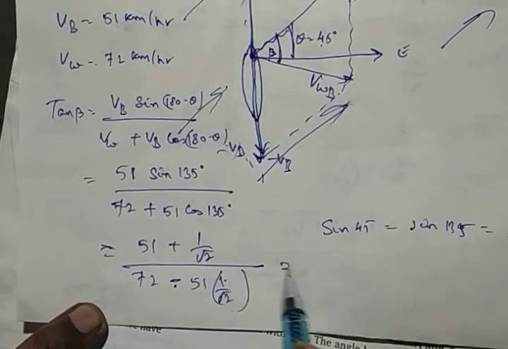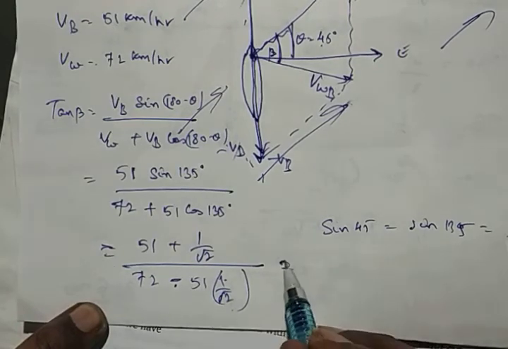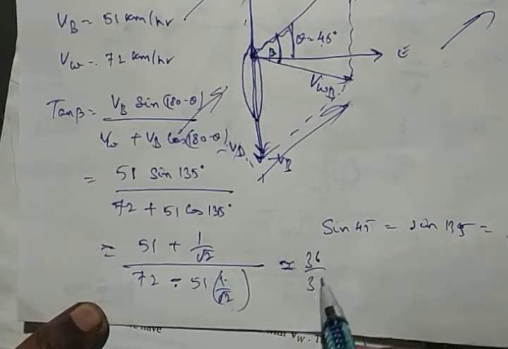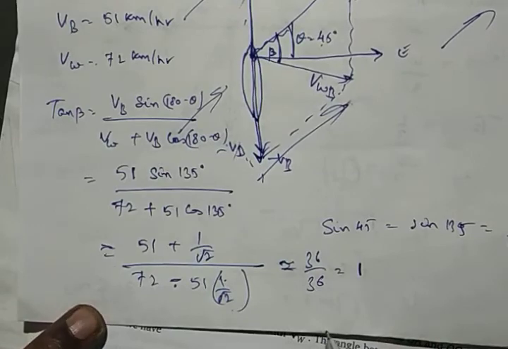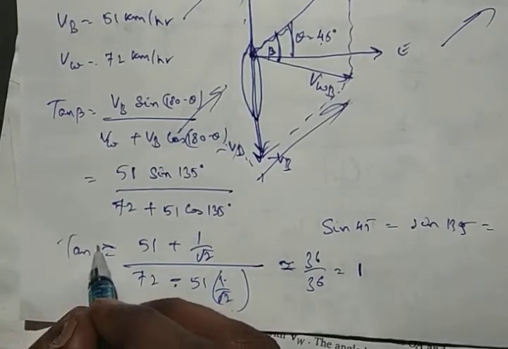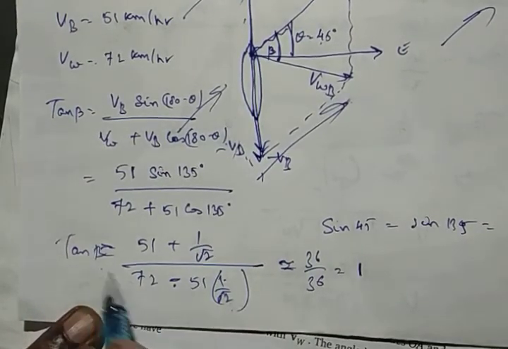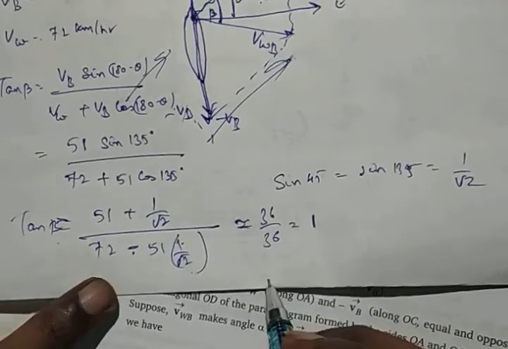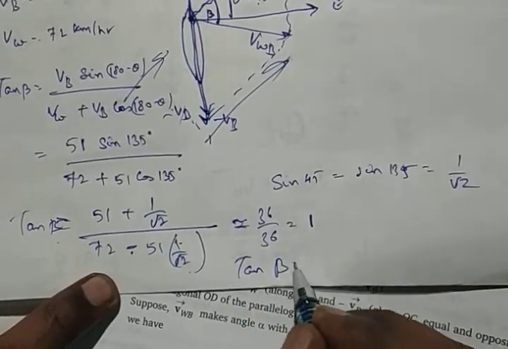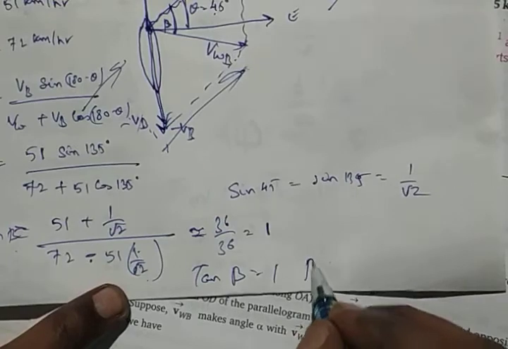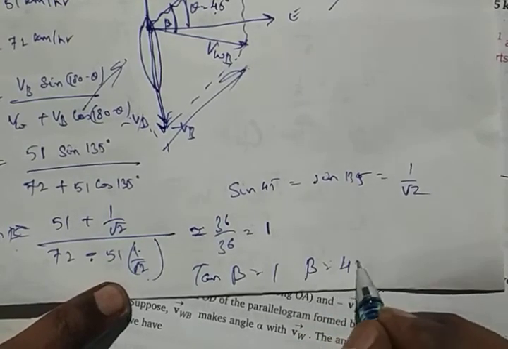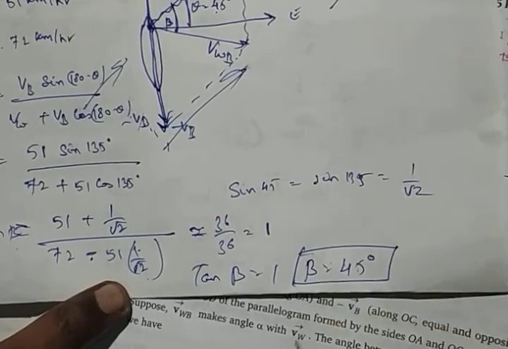Putting these values, you get approximately 36 upon 36, which becomes equal to 1. So tan beta finally becomes equal to 1. What is beta? Beta is equal to 45 degrees, which is the final answer.